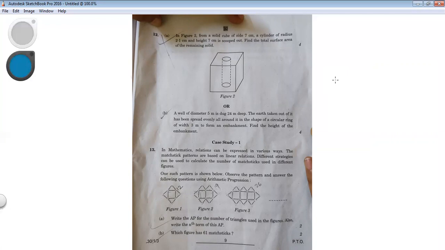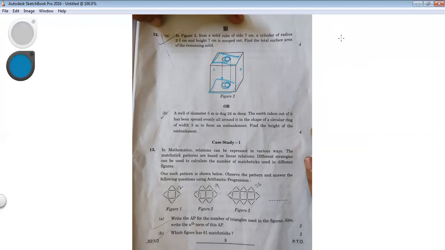How do we do that? See, you can see the figure. It's a solid cube, so the solid cube's total surface area they are asking. So 4 surfaces, this surface, that one and that one, are not affected. They'll remain the same. Only from the top surface and the bottom surface, this cylinder circle is going to be removed, isn't it? You have to remove that.